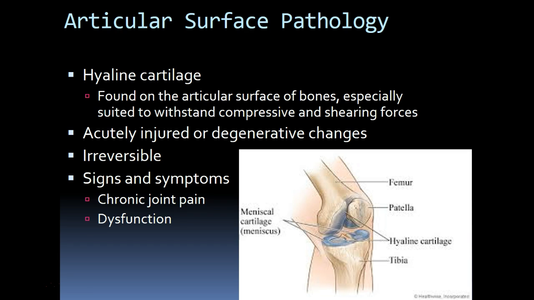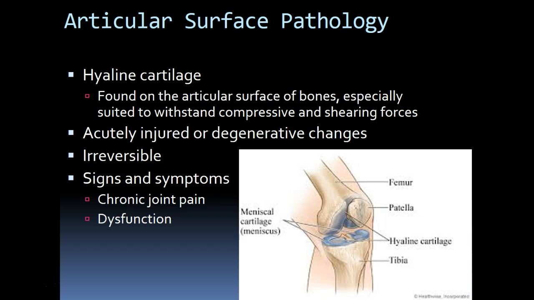We know hyaline cartilage is the lining of a bone's joint surface, and it can be acutely injured. It can be injured over time or with micro traumas. But this type of cartilage is really suited to withstand compressive and shearing forces across a joint, most often the knee, but we also see hyaline cartilage damage in the ankle as well.